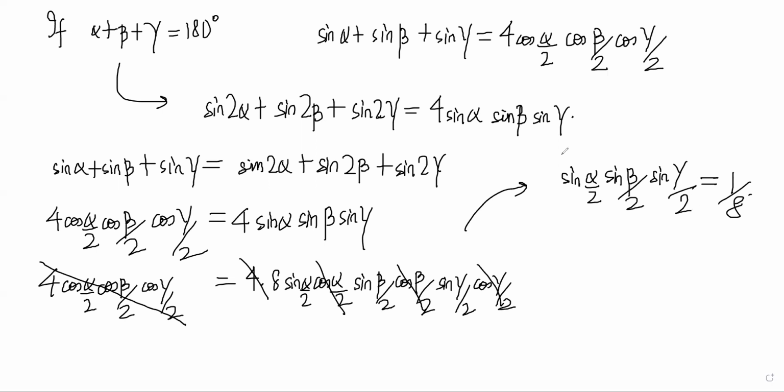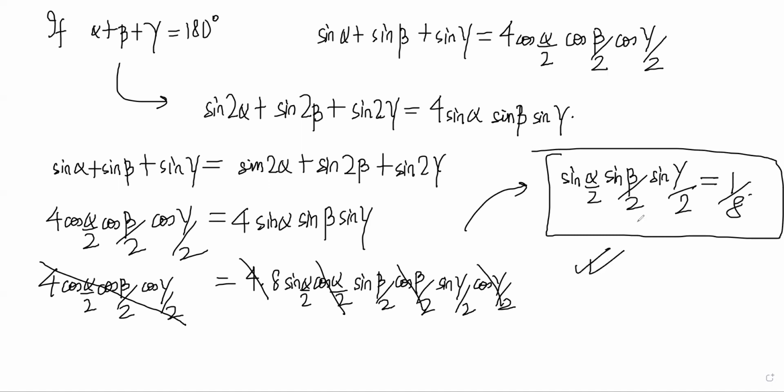Right? We need to prove that this means it's an equilateral triangle. We have simplified it so far. We need to show that this implies that it's an equilateral triangle. So let's think about how we do that. So we have 1 by 8 is equal to sine alpha by 2, sine beta by 2, sine gamma by 2. And we will work with this right hand side here.